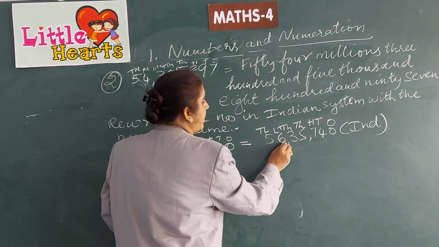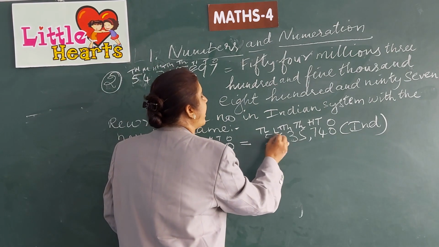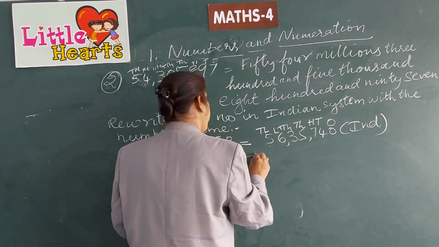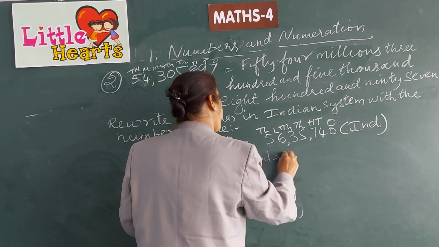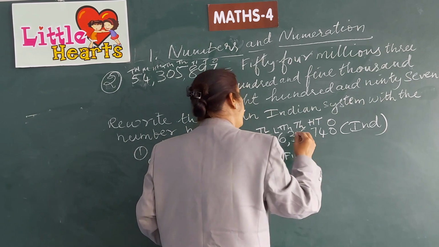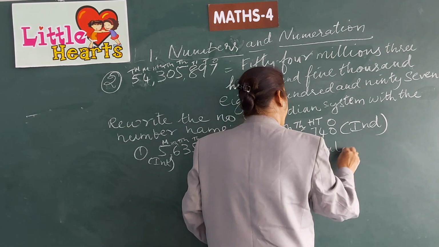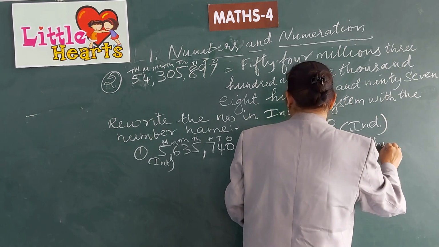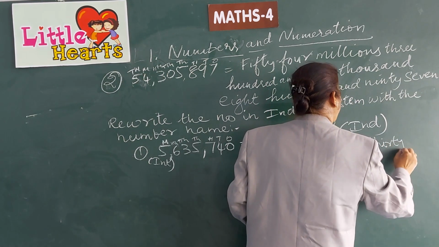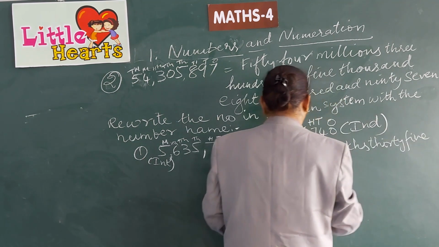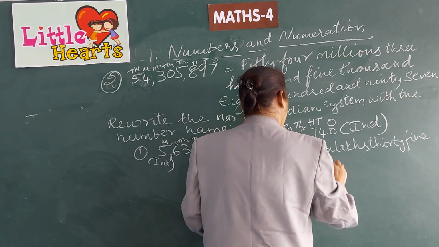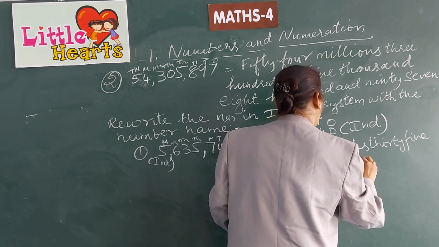Read the digits together here. 56 lakhs in the Indian system. 56 lakhs, 35,000, 740.